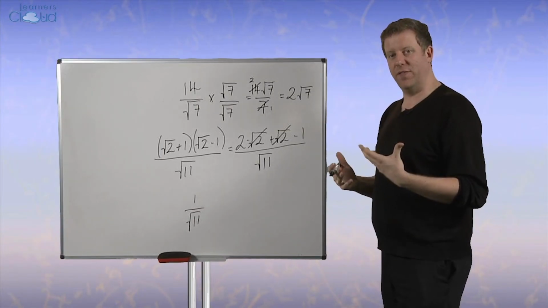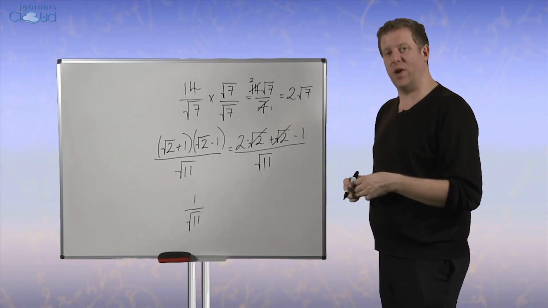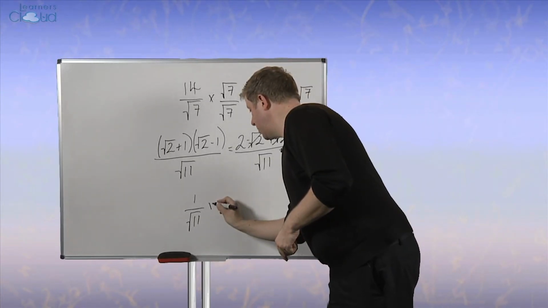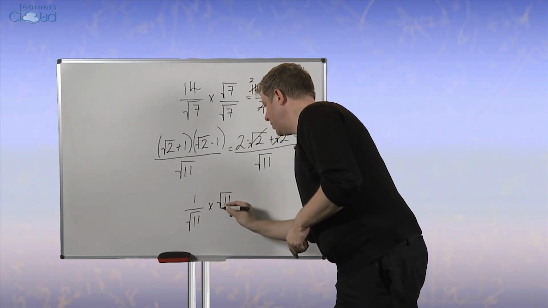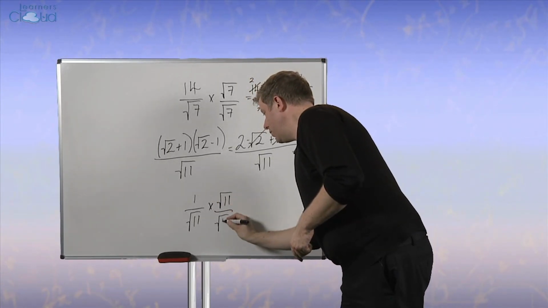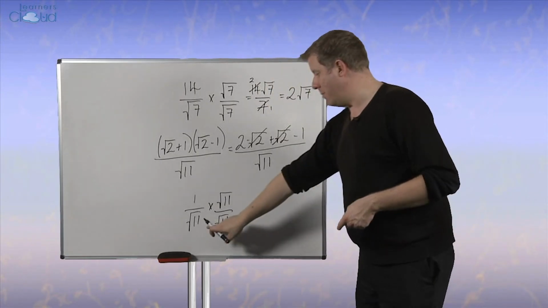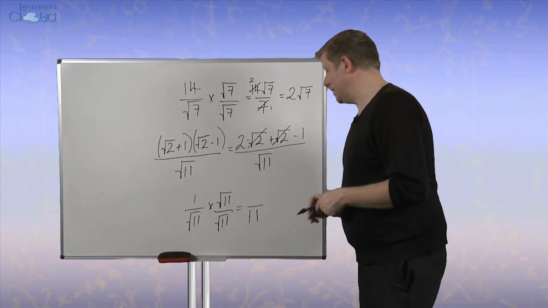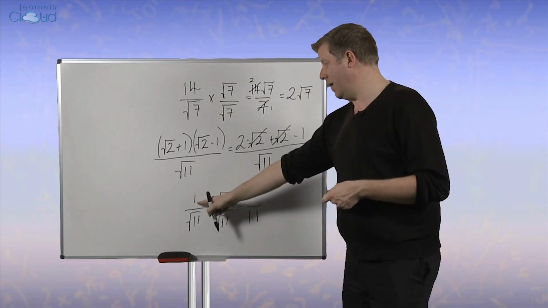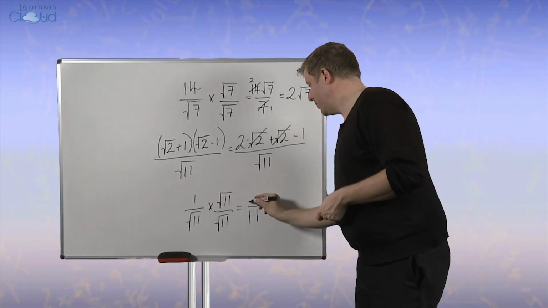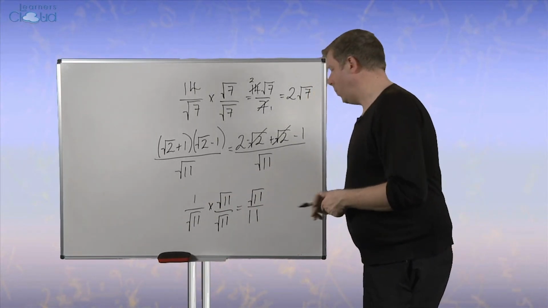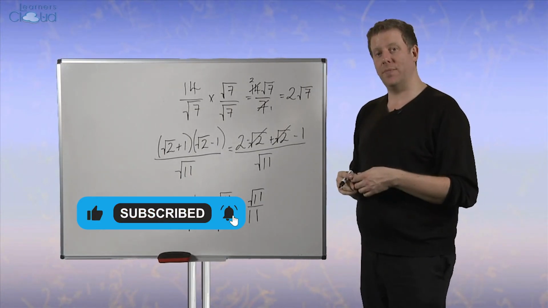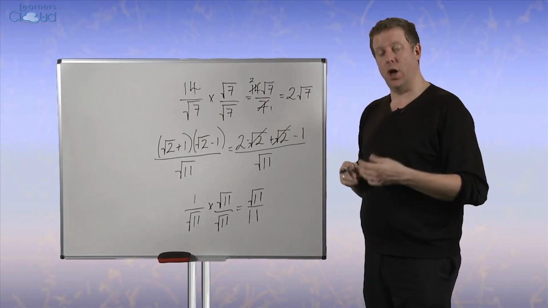So now we've simplified that, it's going to be easy for us to rationalise the denominator, because all we need to do now is multiply by the square root of 11 over the square root of 11, remembering that these two multiplied together will give us 11 as our new denominator, and 1 multiplied by root 11 we can just leave as root 11. So our simplified answer to that is the square root of 11 over 11.